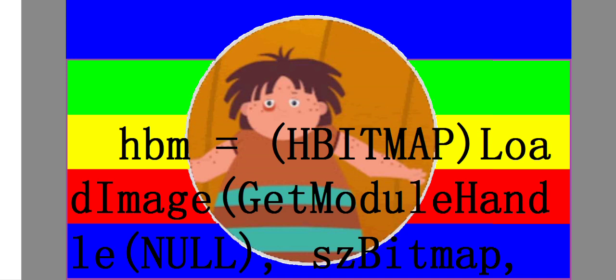Pay attention, szBitmap. We don't use MAKEINTRESOURCE because this macro changes into a string. So the bitmap is named after a string, not an ID or int. So we can call it directly.